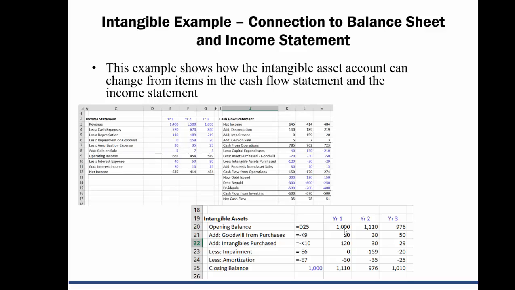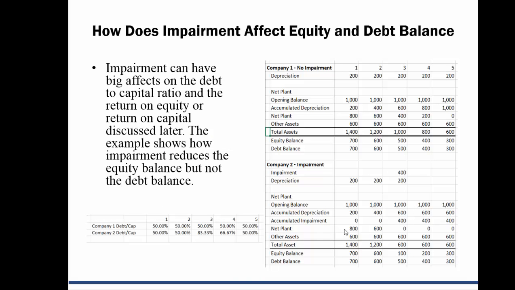You buy the intangible assets when you buy a company. It goes down with impairment, or, well, goodwill does. This is showing two companies, one with no impairment, one with an impairment. The one with the impairment got a higher debt-to-capital ratio because the equity went down.